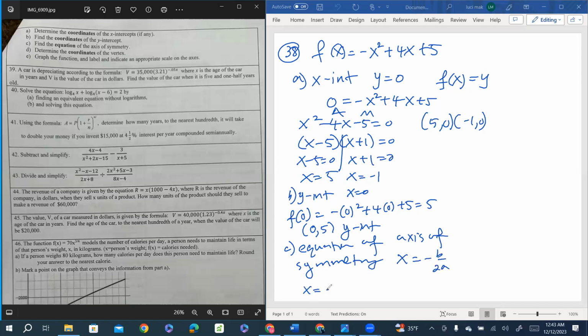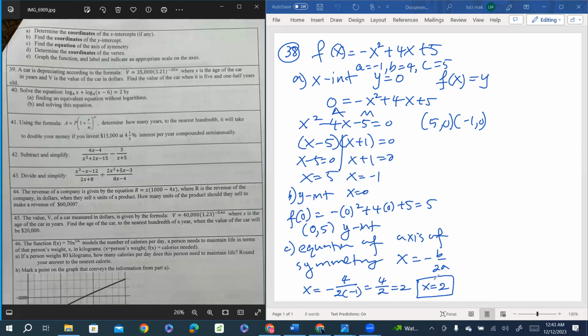For the original equation, a is negative 1, b is 4, and c is 5. So it's negative 4 over 2 times negative 1. So that's 4 over 2, that's 2 is the x value. So x equals 2 is the equation of the axis of symmetry.